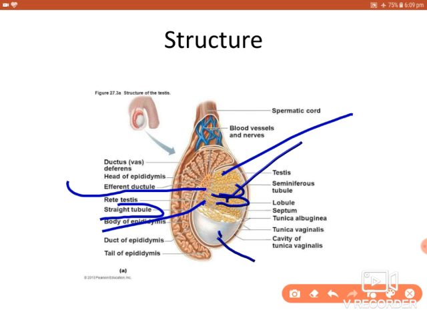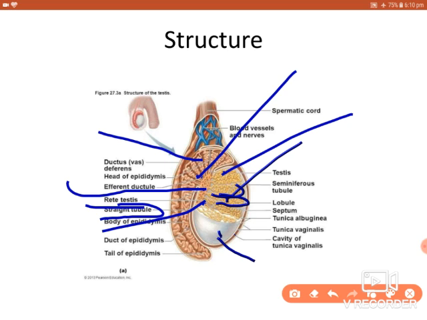The network of these tubules forms the rete testis. From the rete testis, numerous efferent ductules, some 12 to 13 in number, enter the head of the epididymis.